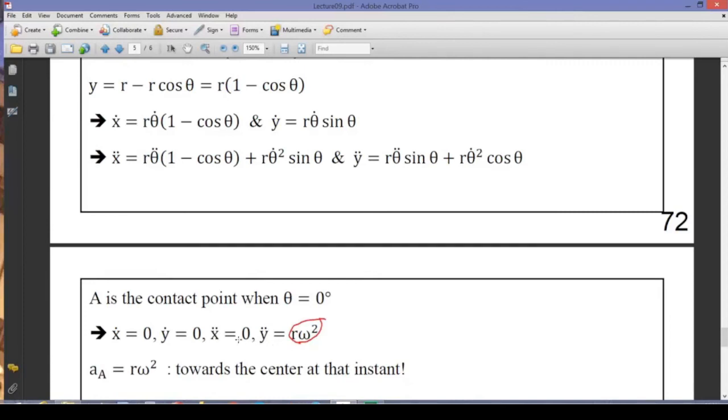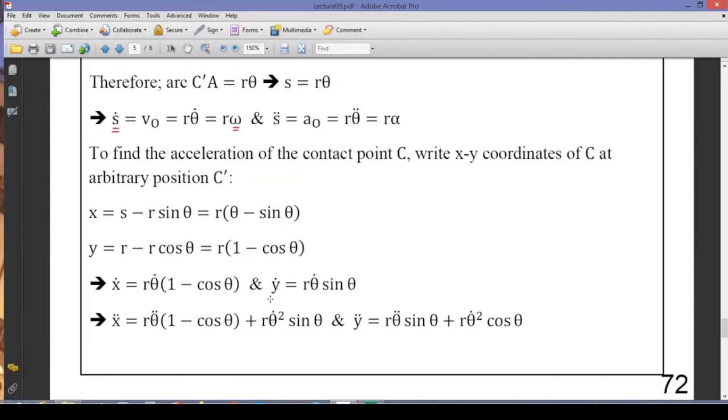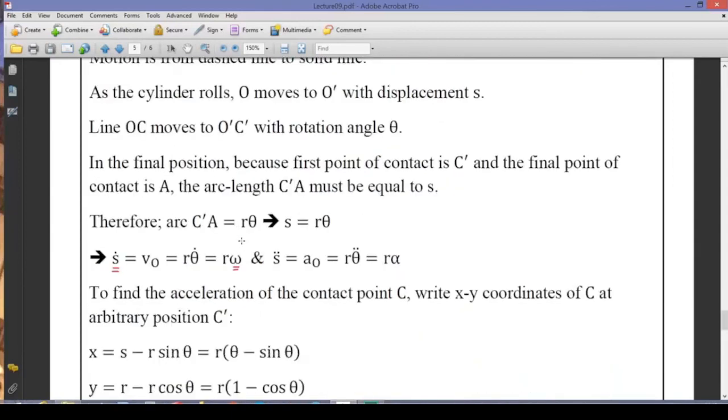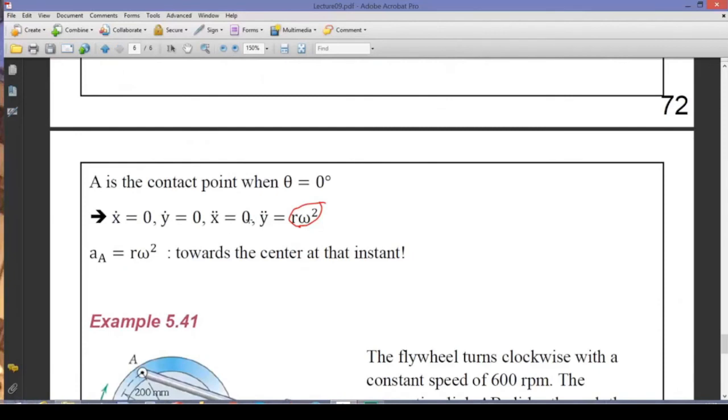Now, why do we have this? This is towards the center at that instant. This is in the y direction. In the y direction, towards the center, we have this acceleration. And the reason for this acceleration is that the velocity direction, the velocity vector's direction is changing at that instant, and therefore we have this acceleration component at that instant.